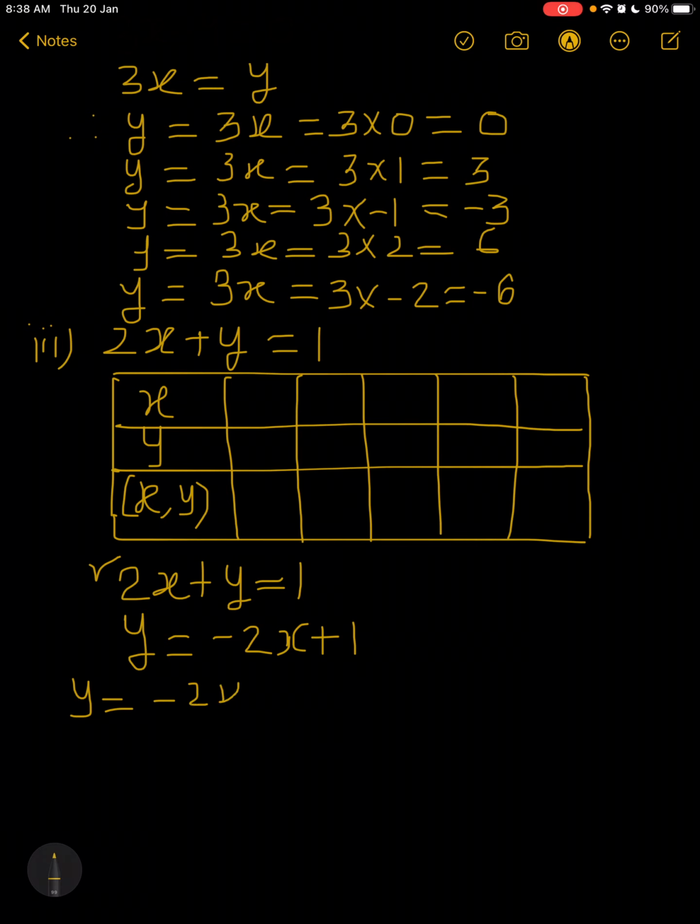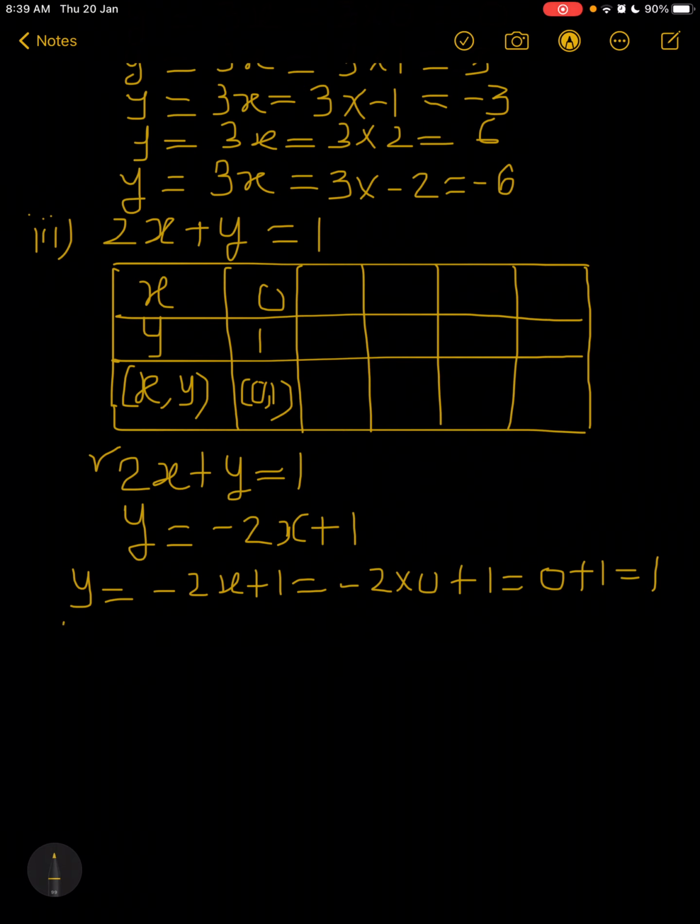For example, y is equal to minus 2x plus 1. So x number is 0. 0 multiplied by 2 is 0 and plus 1 gives the answer 1. So when x is 0, here we get 0, 1. 0, 1 is the first point we have got in the table.